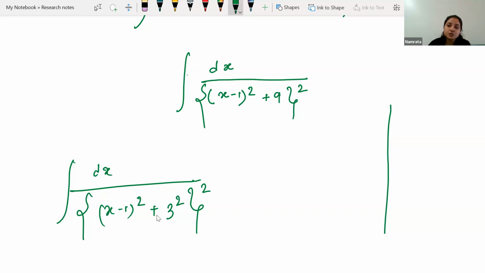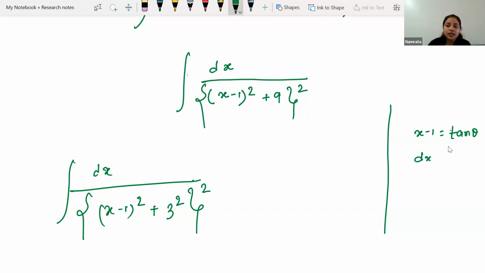So what substitution can we do? If we take x minus 1, if we do a trigonometric substitution, let's see if it will work. In trigonometric substitution, we have the identities sin square theta plus cos square theta is equal to 1, and sec square theta minus tan square theta is equal to 1. So if we take tan theta here, what are we going to get?